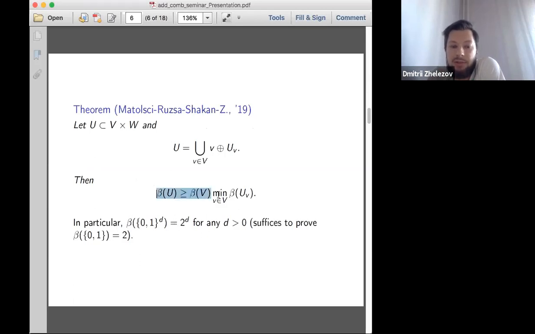Just apply this inequality d times, and assuming that you know that your beta of a 2-point set is just 2, which is not completely trivial, but fairly easy to prove. Then you just use this tensorization property, and by induction, you would end up with 2 to the power d.